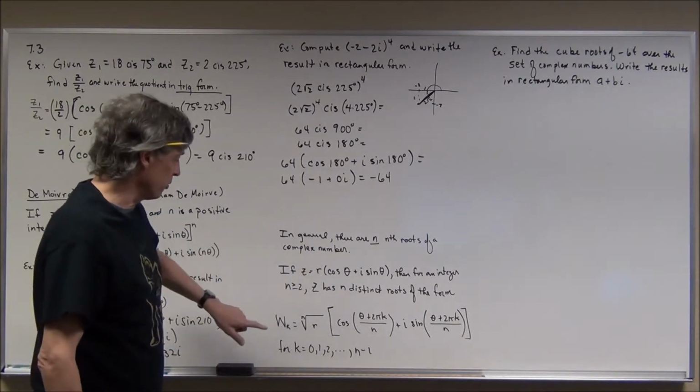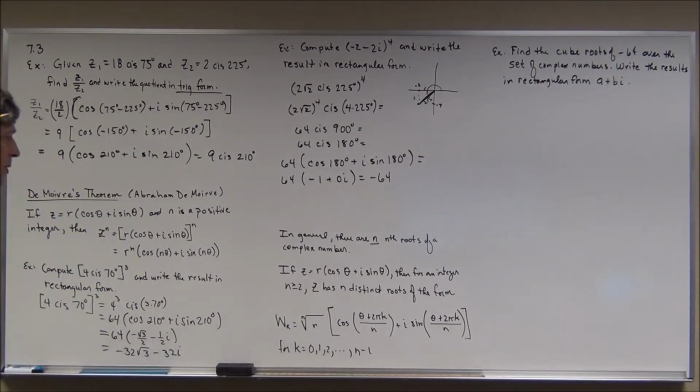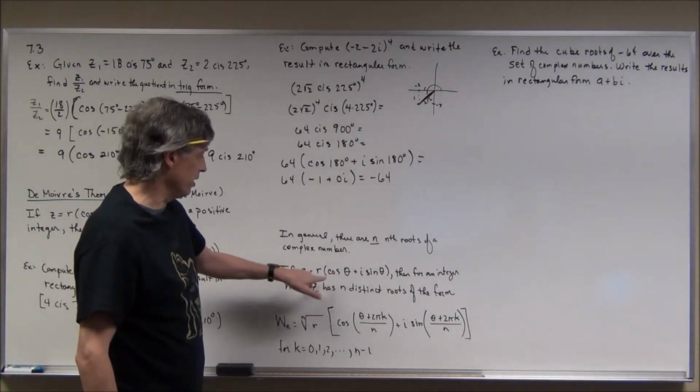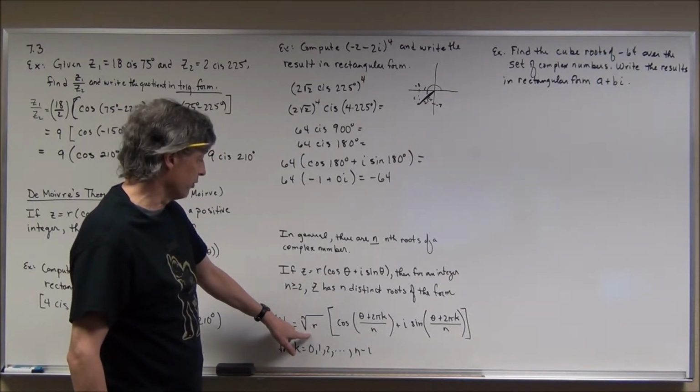Now, the book's notation is w sub k. I'm not sure where the w comes from. I just went ahead and put it in there because that's how you'll see it if you look into the textbook. First, you take the modulus and raise it to the 1 over n power, or take the nth root of it.